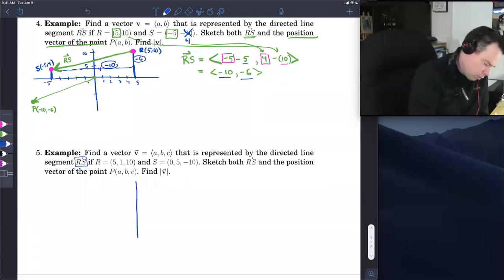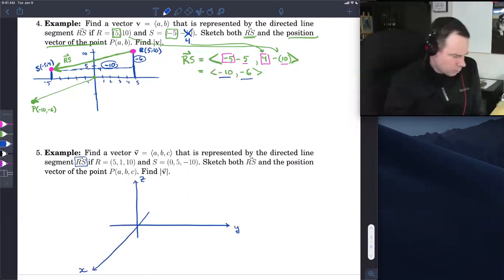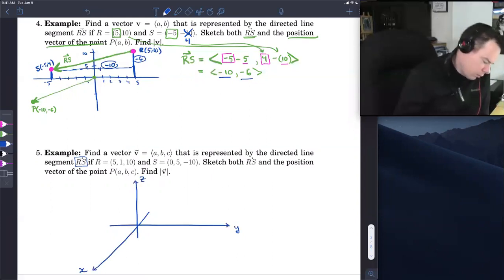So go ahead and we'll draw our coordinate system. And this is X and Y, and there's positive Z pointing up. So what are our points? Our first point is R, 5, 1, 10. So we're 5 units along the X direction.